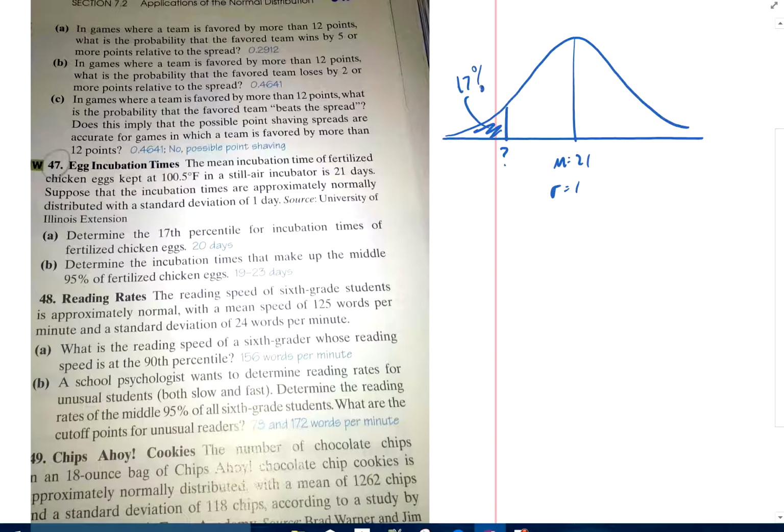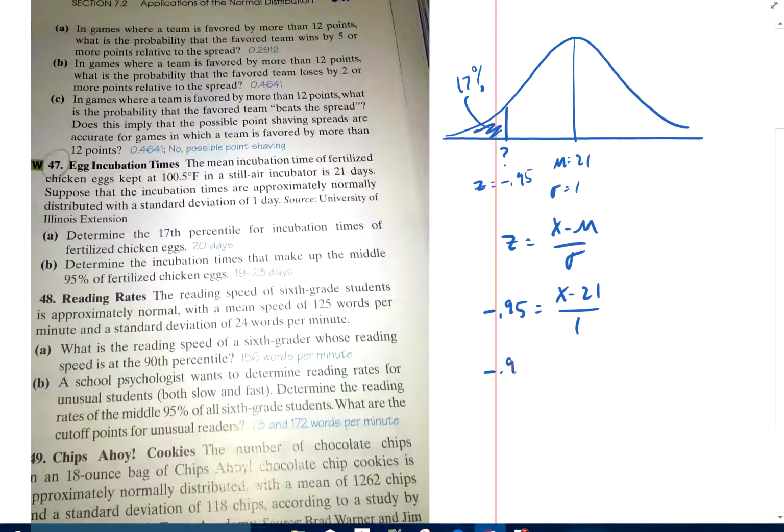So I can look up 17% on my table, which I will do. And the closest one to 17% is 1711, which is negative 0.95. So I can use this, z equals x minus mu over sigma, so negative 0.95 equals x minus 21 over 1.